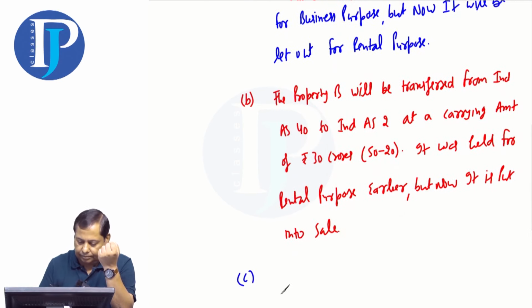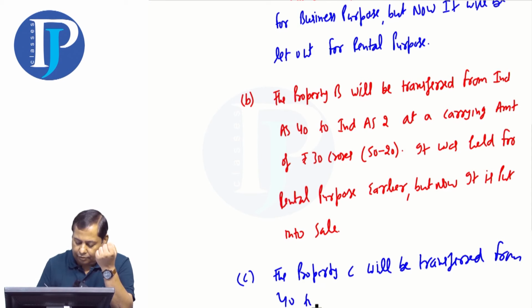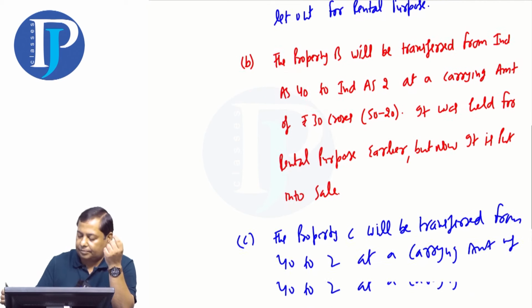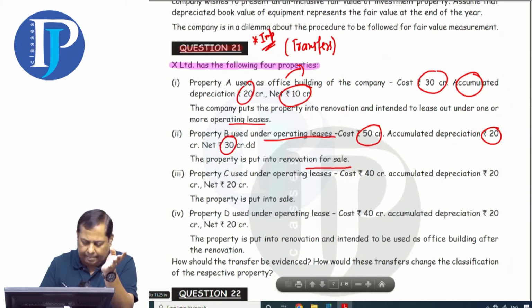C. Property C will be transferred from 40 to 2 at carrying amount of rupees 20 crores.